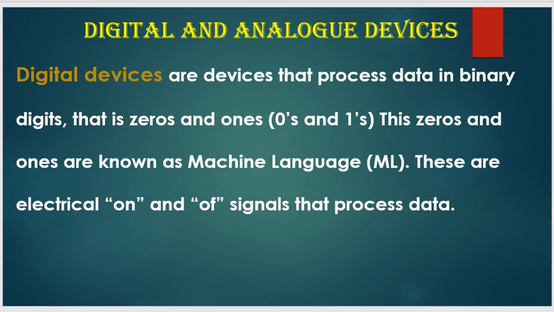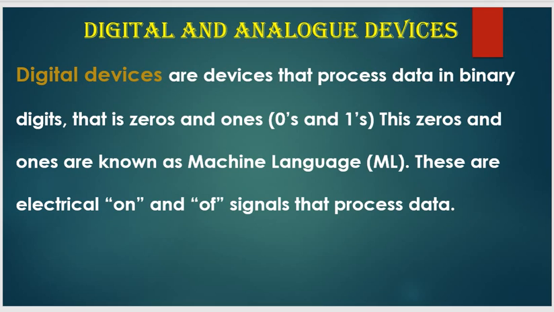It only understands what we call the binary digit, that's the zeros and ones. So your name you typed will go into the computer in the form of zeros and ones, and that's what we call the machine language. That's what the computer understands.